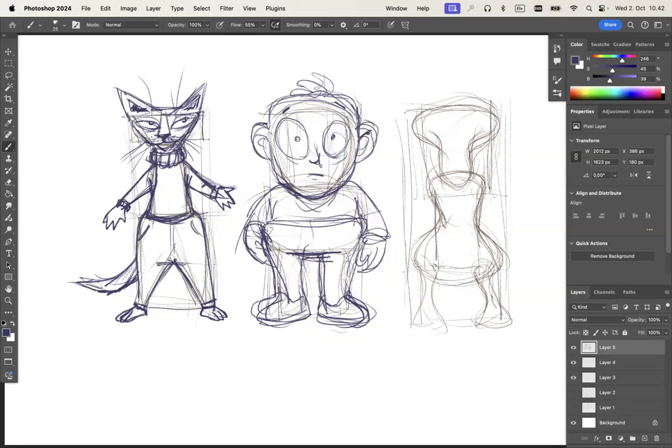And I try to look for contrasts, so that a short, roundish body and a really big head are usually funny.